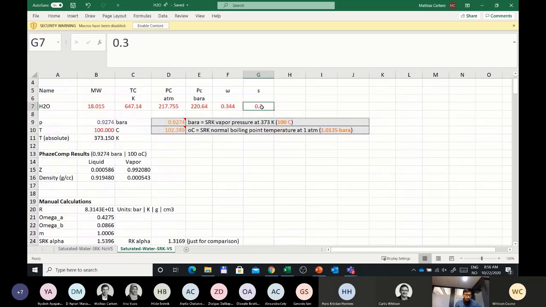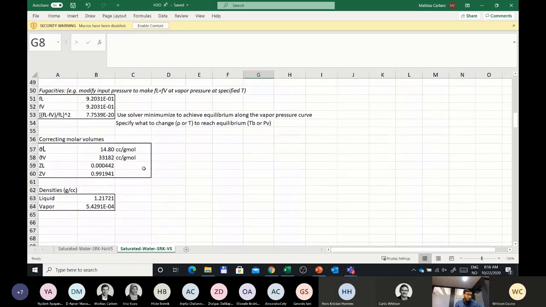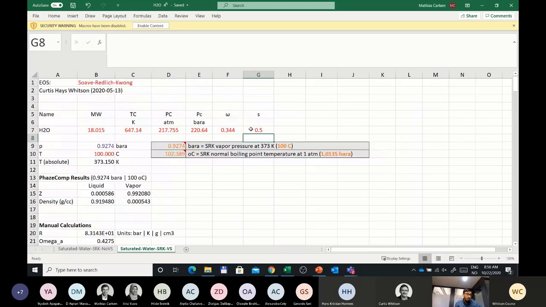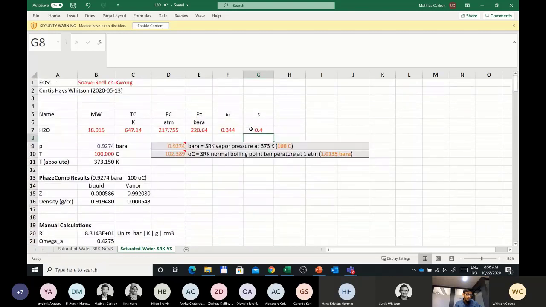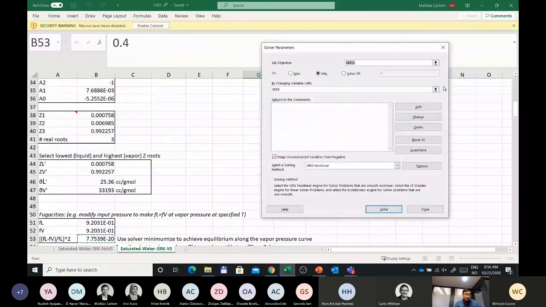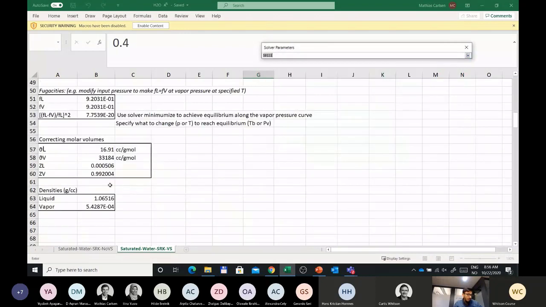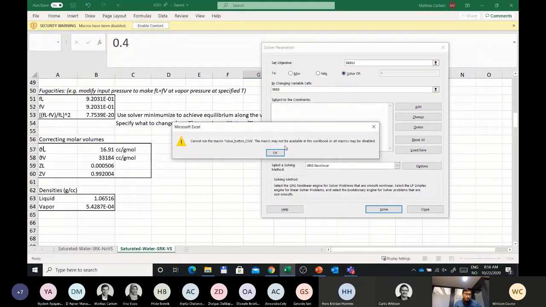If I change it to, for example, 0.5, it's too high, 1.2. 0.4, 1.06. We can actually use the solver, and then it will make our life easy. So we want this number to be equal to the value of 1, and not run the macro.